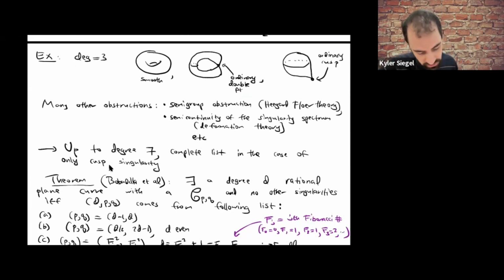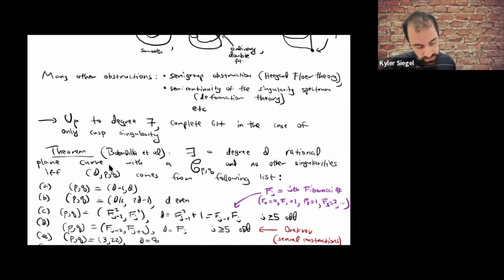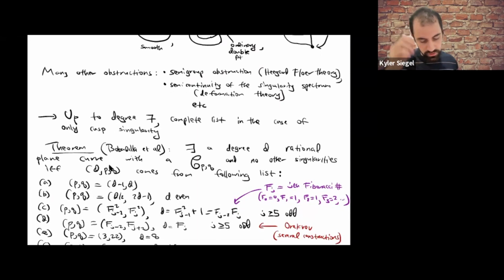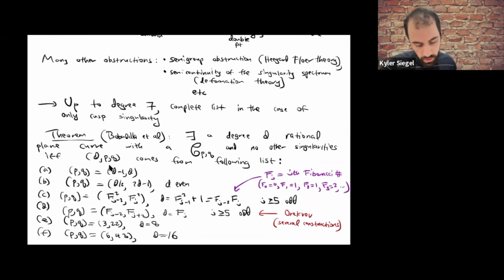There's a theorem of Bobadilla and co-authors, which describes all possible rational degree D curves which have exactly one singularity, which is a (P,Q) cusp, and no other singularities. So it's relatively restrictive in the sense that we're only considering genus 0 curves with a single (P,Q) cusp and no other singularities.